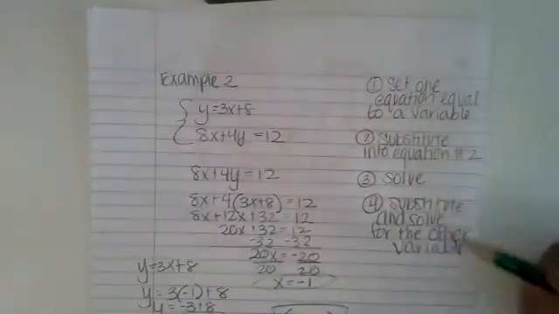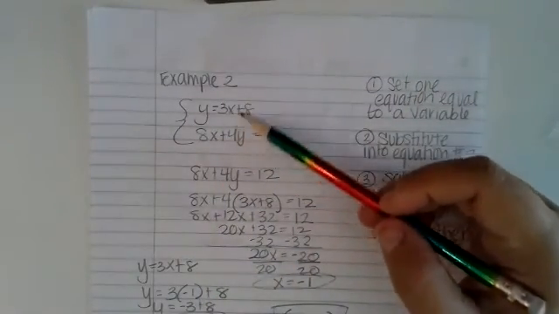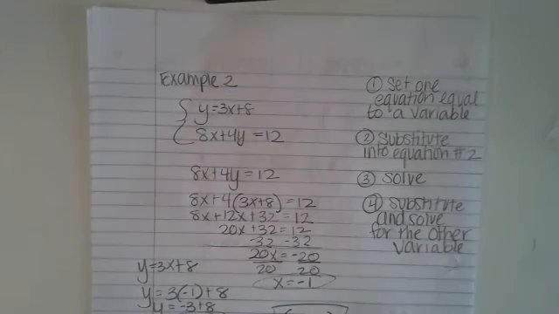Now, in this one, we happened to have one of my equations set equal to a variable to start. So now we're going to look at another example where that's not the case. So this is example 3.